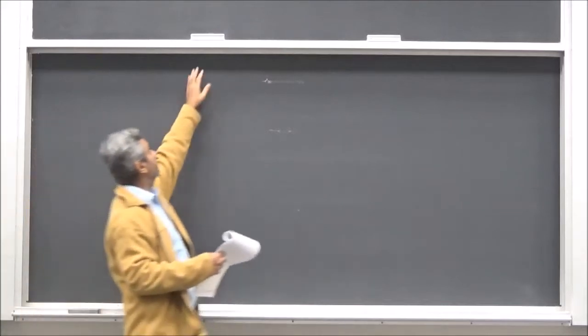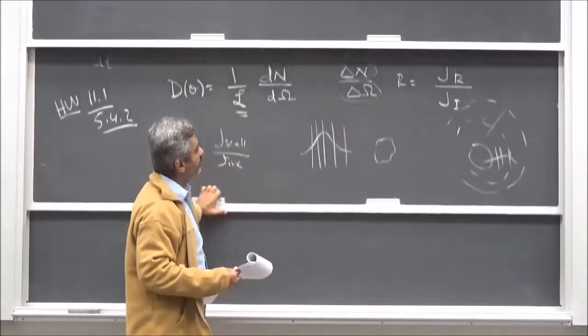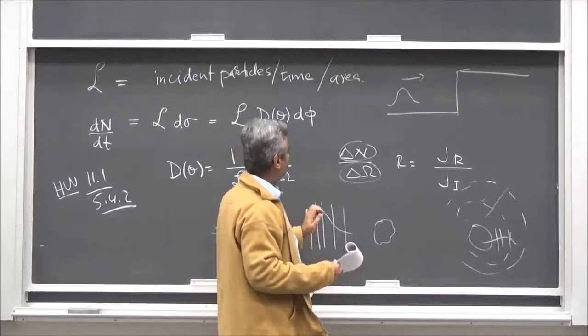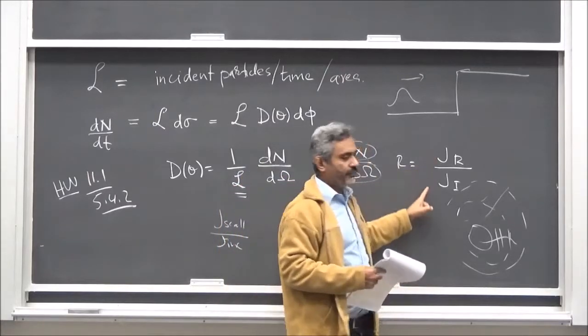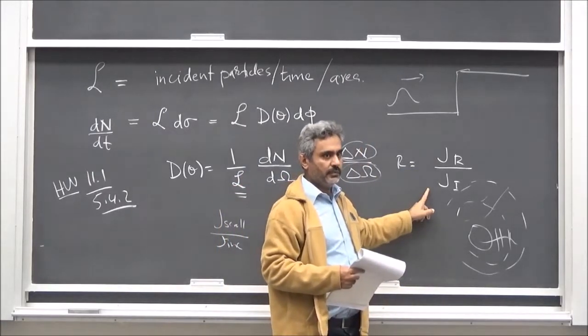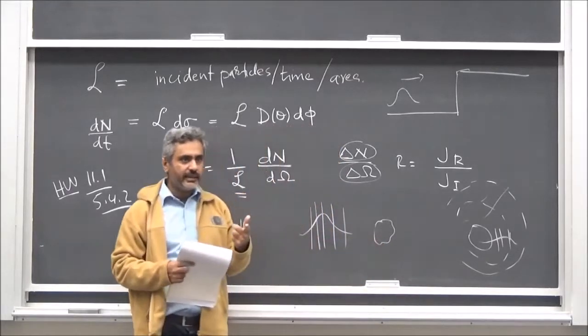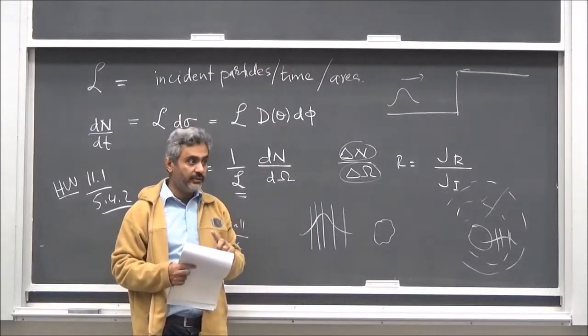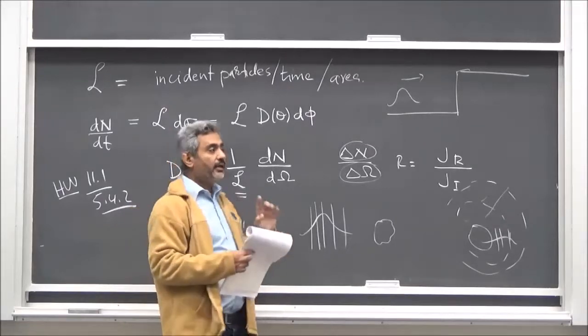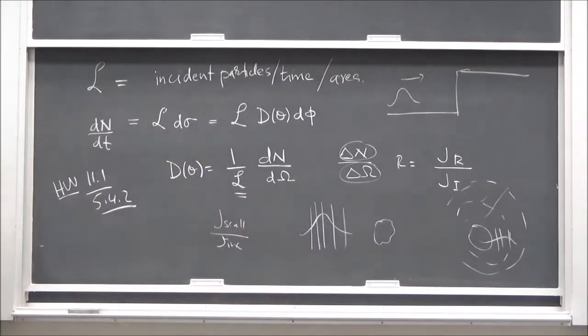I think we started. Some questions: where did these come from? We had found the eigenstates of the Hamiltonian, and in that we had identified the incident wave and the reflected wave.